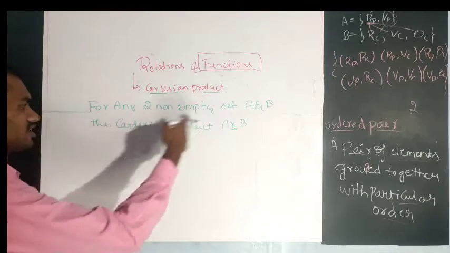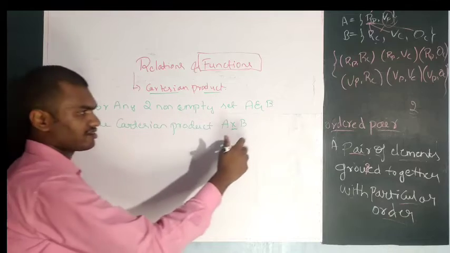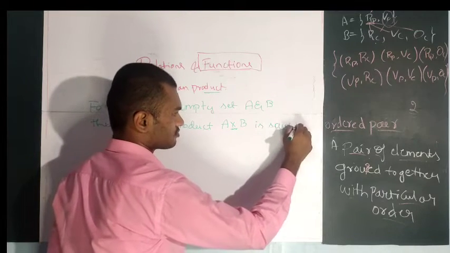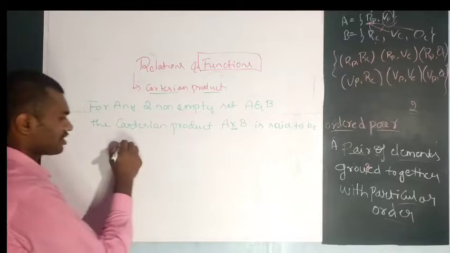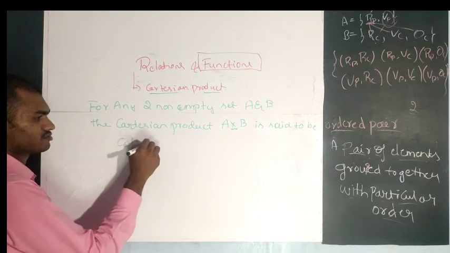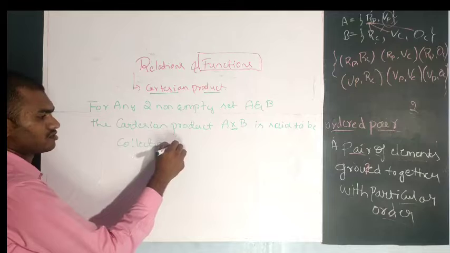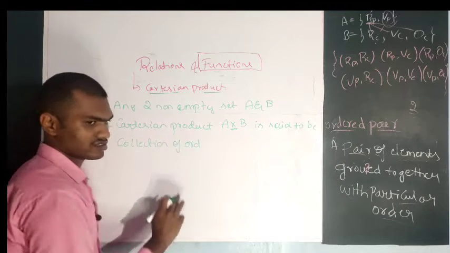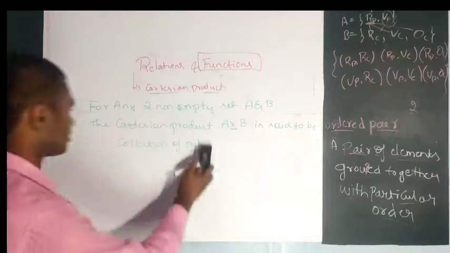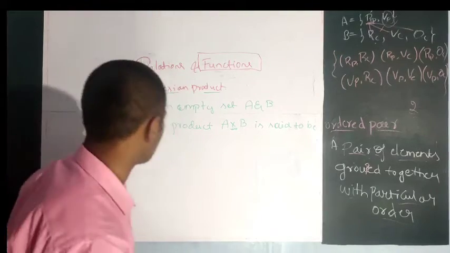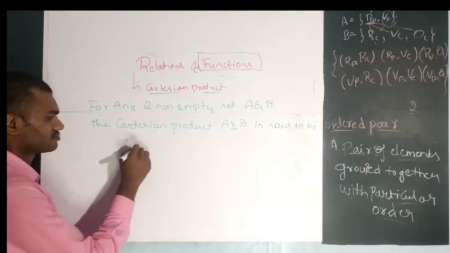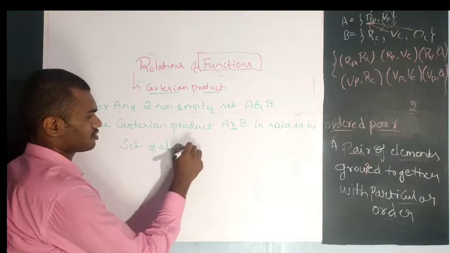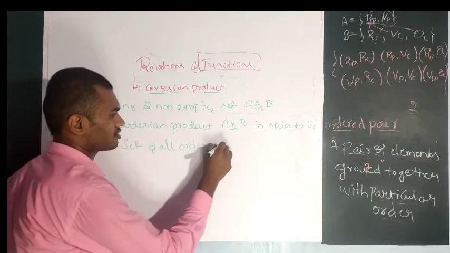For any two non-empty sets A and B, the Cartesian product A cross B is said to be the set of all ordered pair elements. I will not use the word collection, I will use the set of all ordered pair elements.